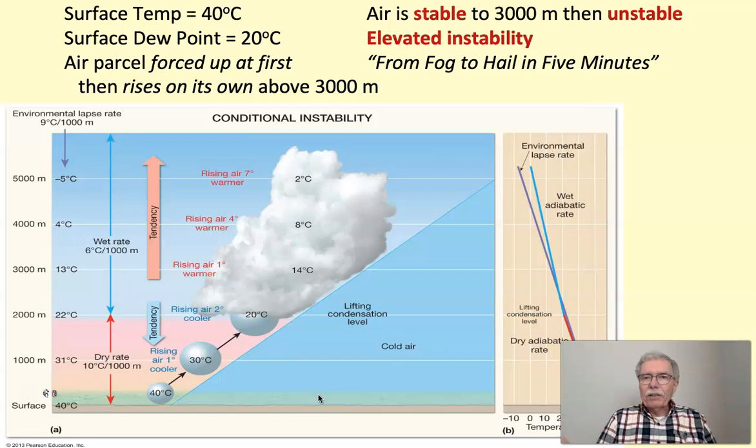This is called elevated instability, and I am posting a sample case study that I did myself called From Fog to Hail in 5 Minutes. And I would like you to take a look at this because it's a good example of elevated instability and how you can have some very bizarre and interesting weather combinations, fog and hail, happening at the same time.